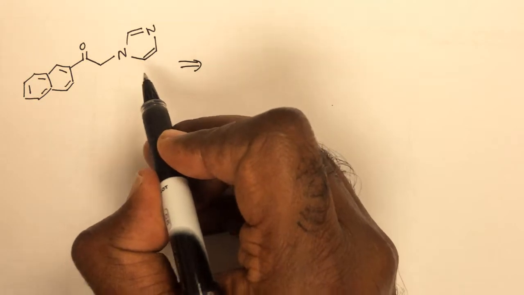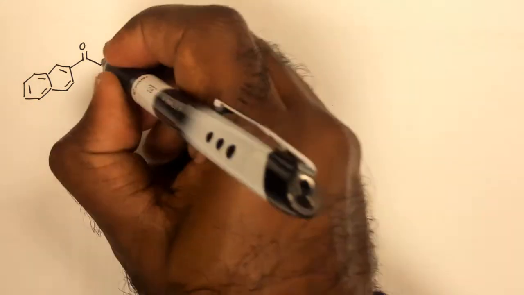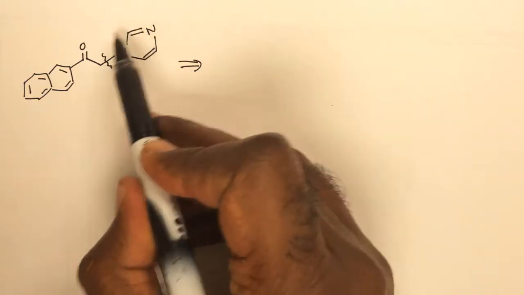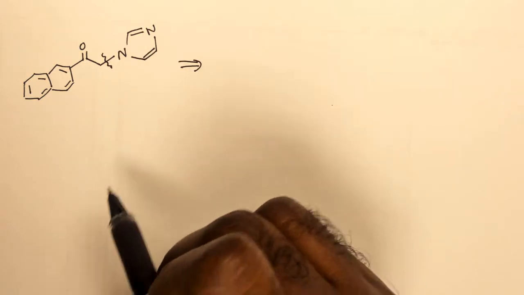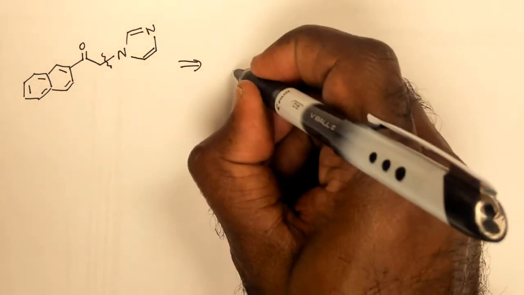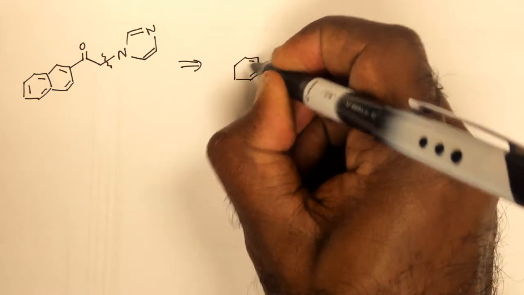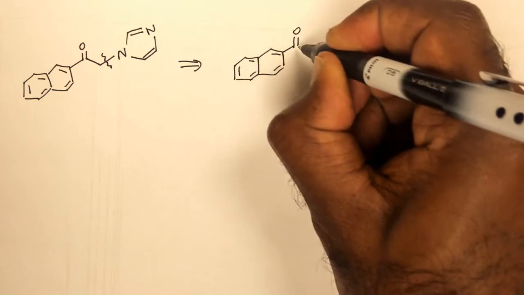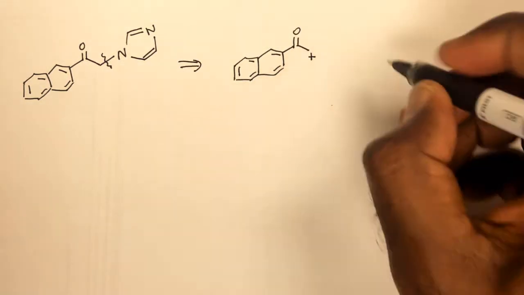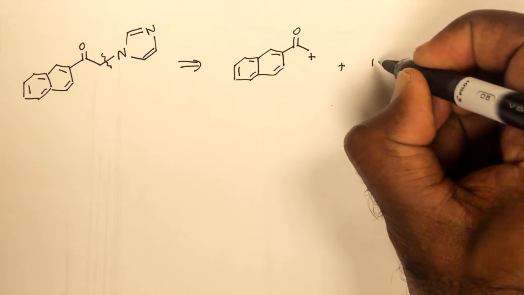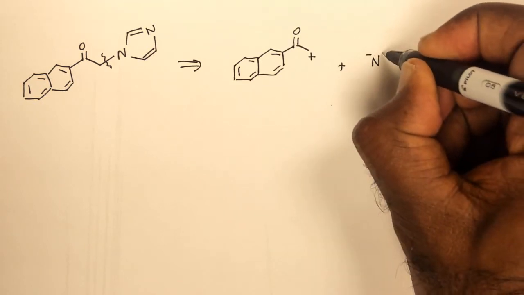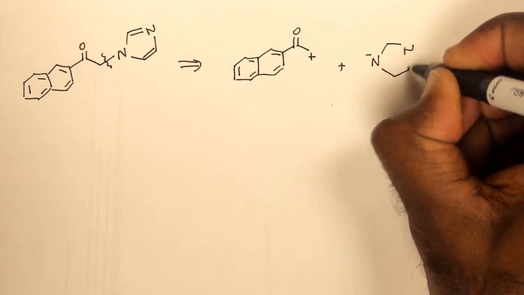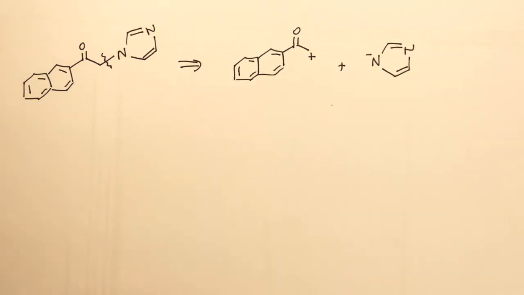You will notice that if I look at the heteroatoms in the molecule, immediately I see a CN disconnection, which I can make. And by doing that, I will disconnect the most reactive part of my molecule, which will leave me with that synthon and that synthon.